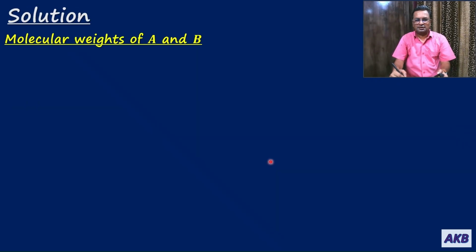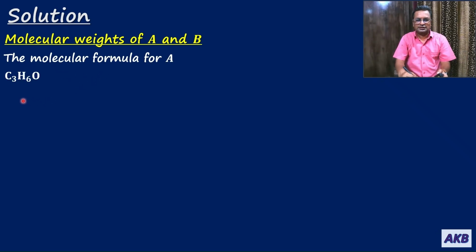So we need molecular weights of A and B. So first we will get those molecular weights. The molecular formula for A, which is acetone, is C3H6O.